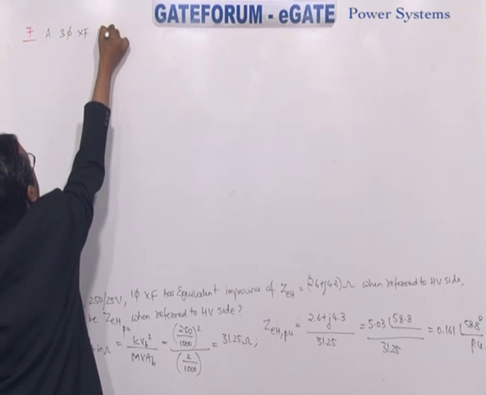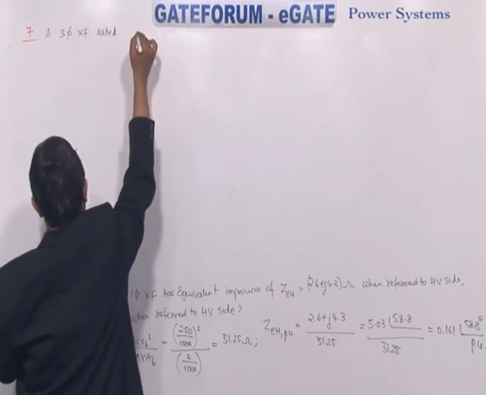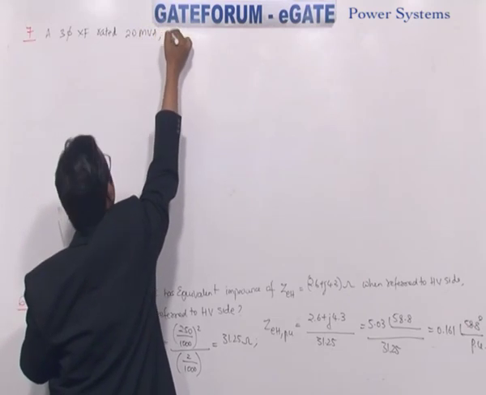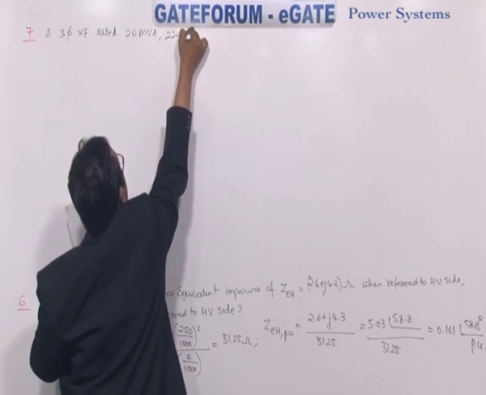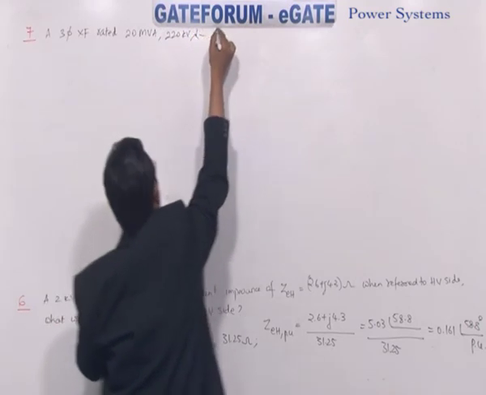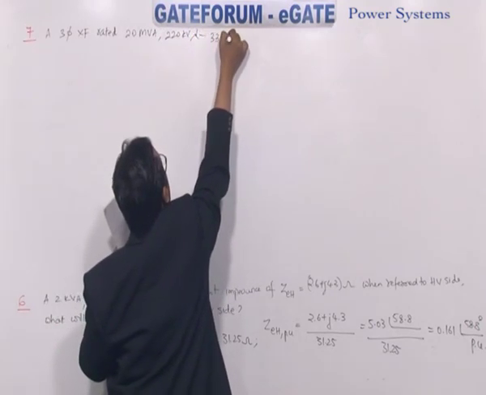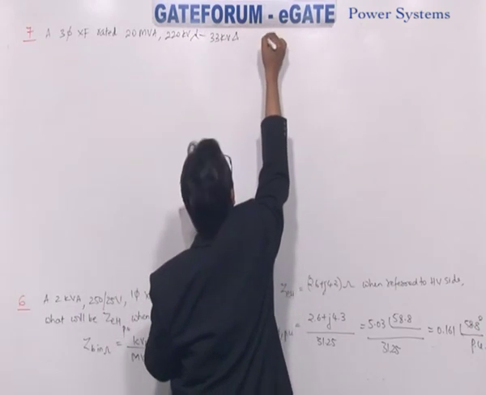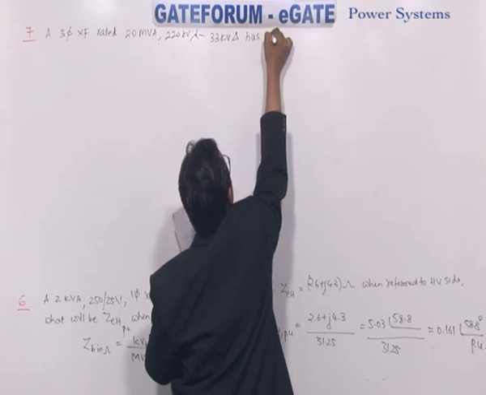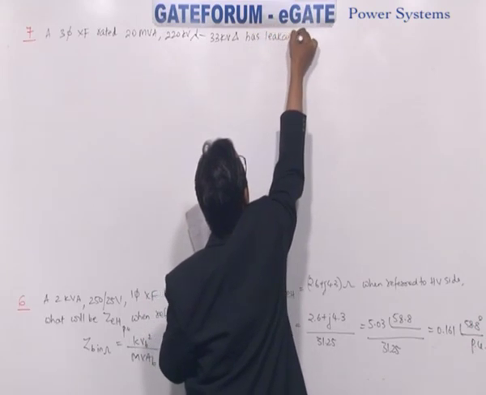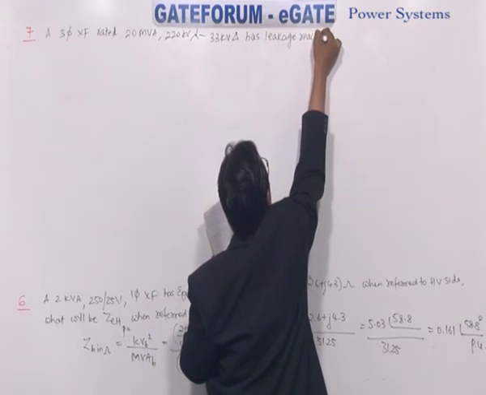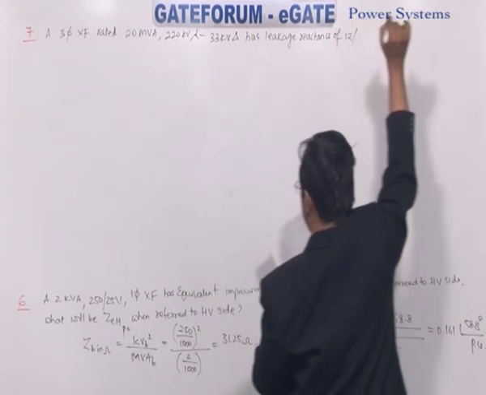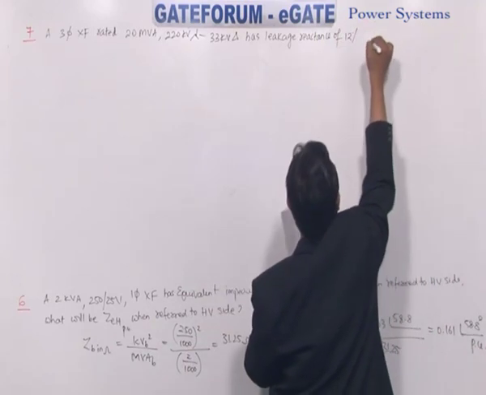A three-phase transformer rated 20 MVA, 220 kV star, 33 kV delta, has leakage reactance of 12%.